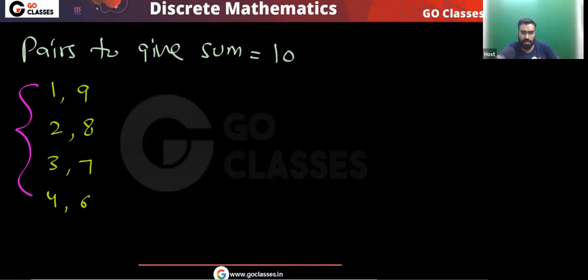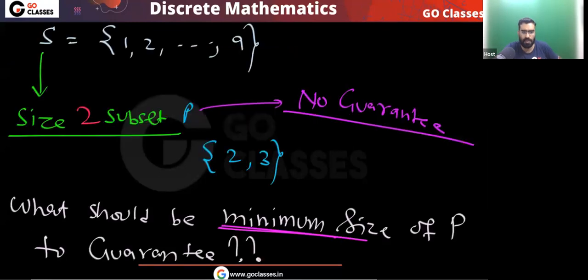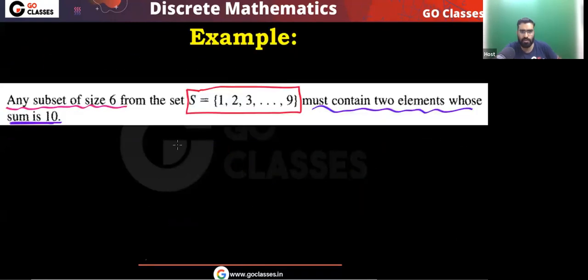In this question, whether to consider 5,5 or not: any subset of size 6 must contain two elements with summation equal to 10. Actually, in this question you should not consider 5,5.